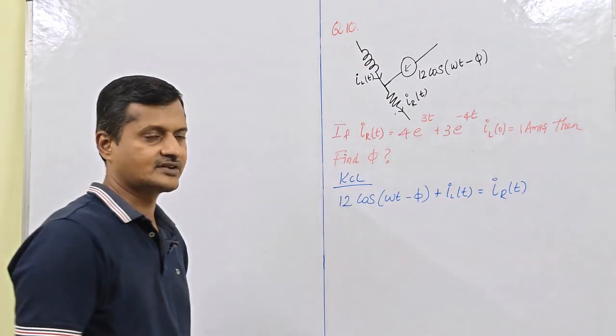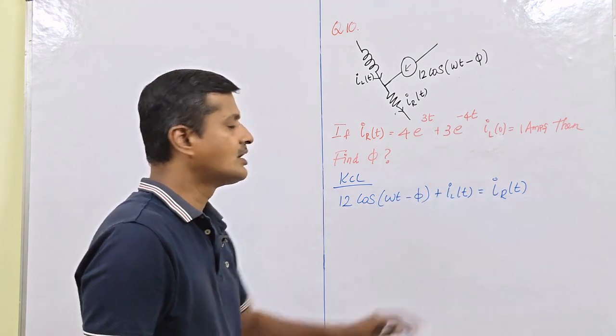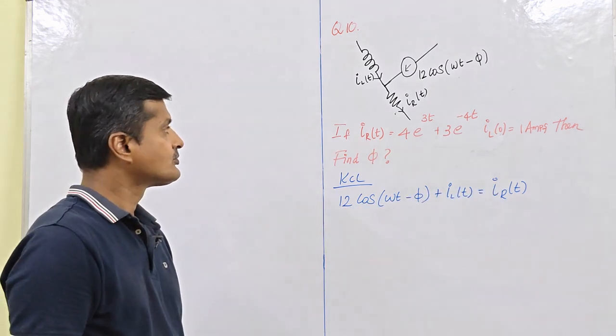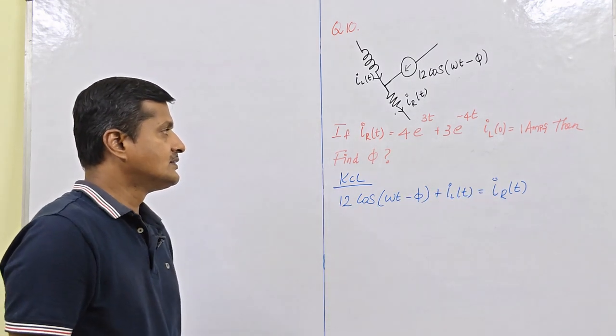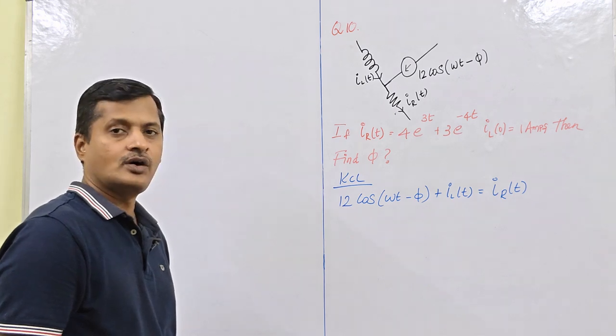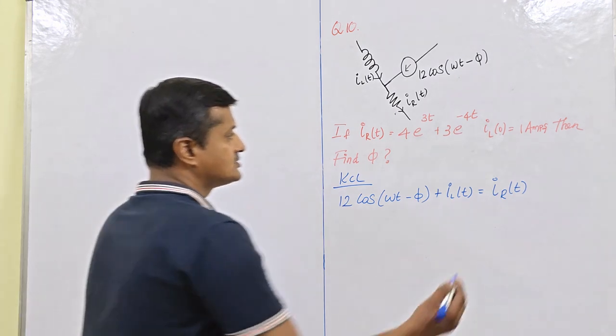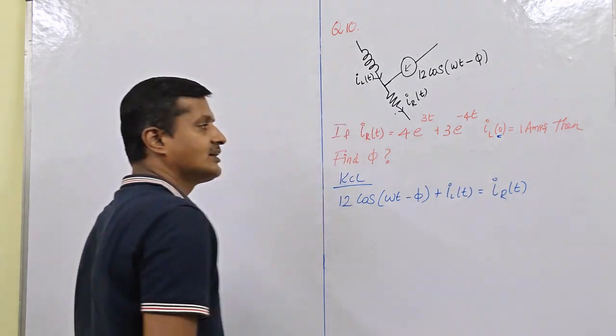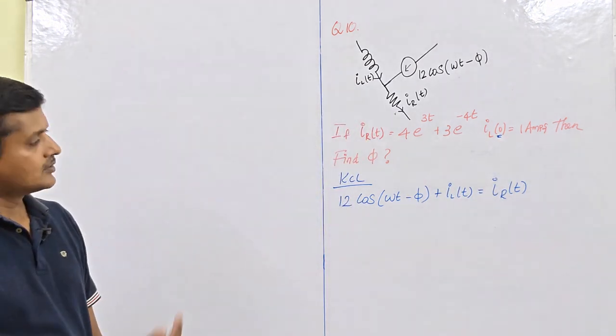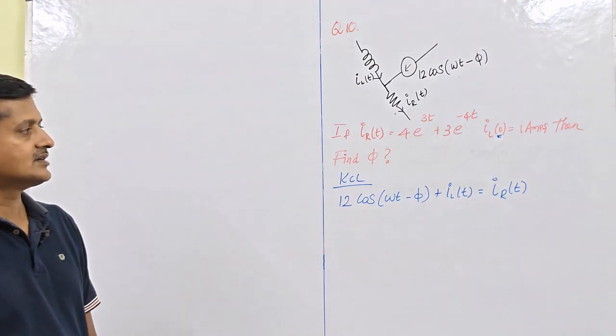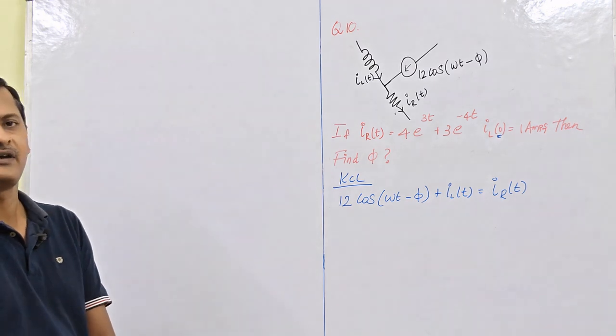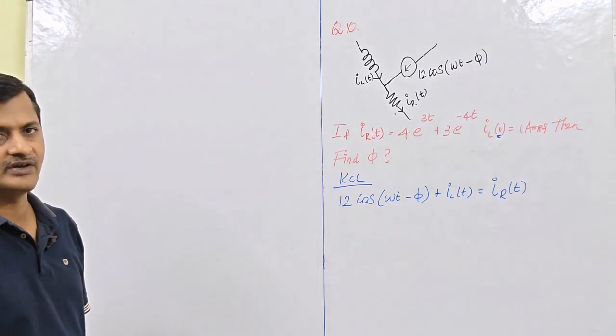IL is the incoming current and IR is the outgoing current. Now we are analyzing at the condition t equal to 0. Why t equal to 0? Already at t equal to 0 we have 1 amp current. So at t equal to 0, we have to find the value of phi.